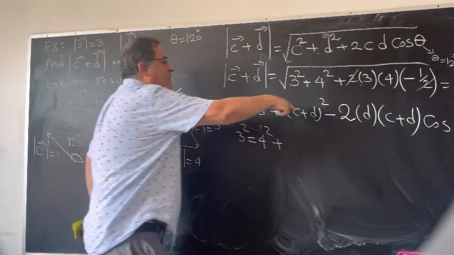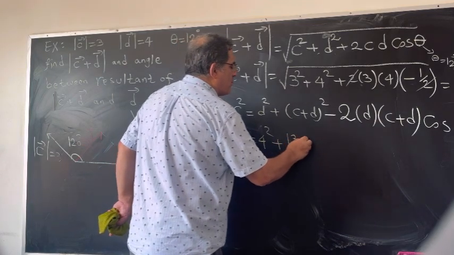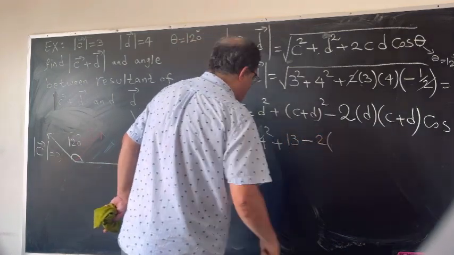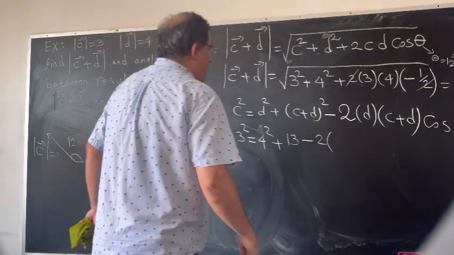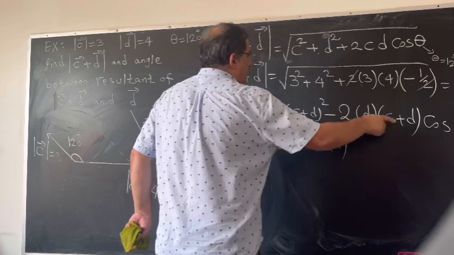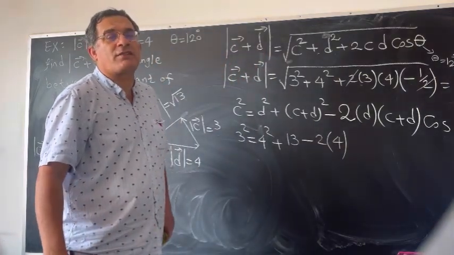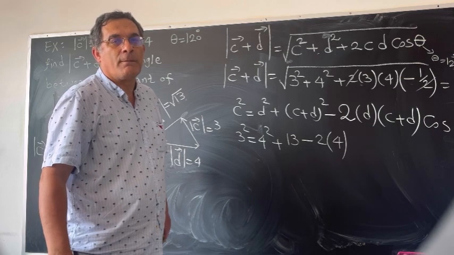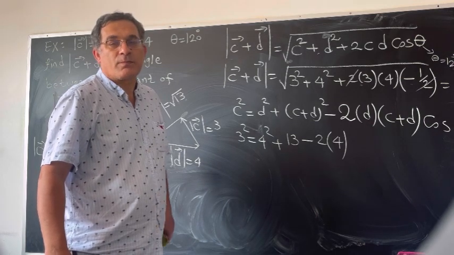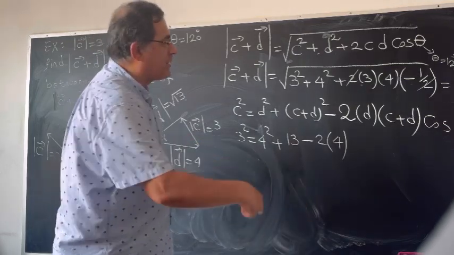When you square it, the radical of 13 becomes 13, minus 2 times D, which is 4, times the magnitude of C plus D. Can you calculate root 13 exactly?